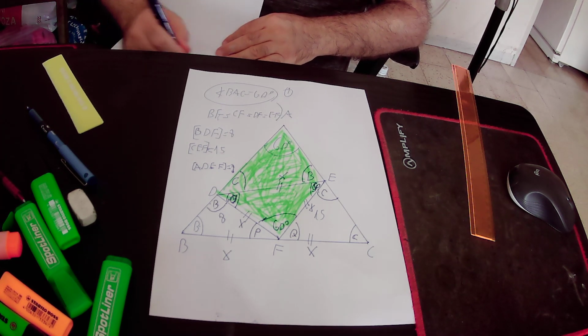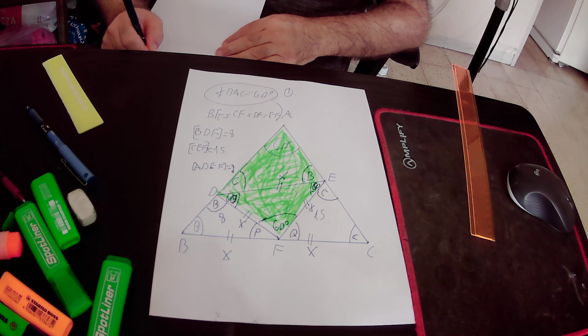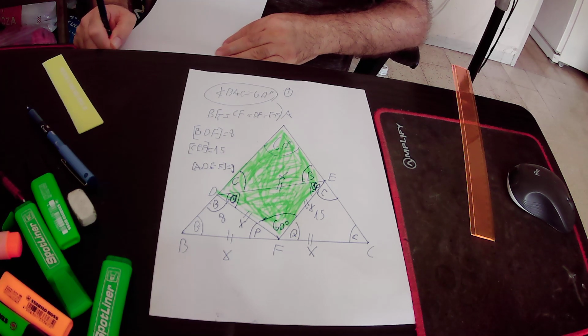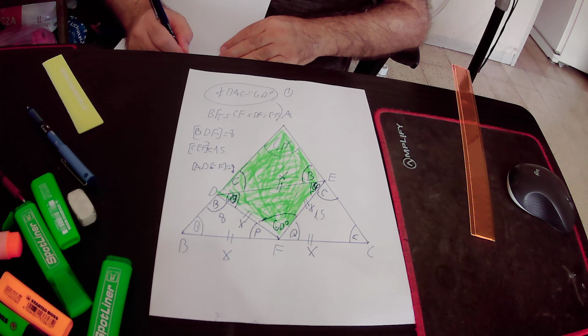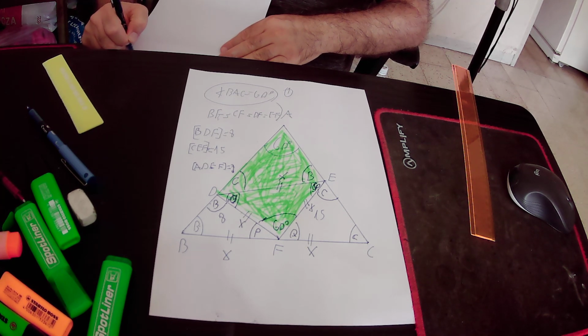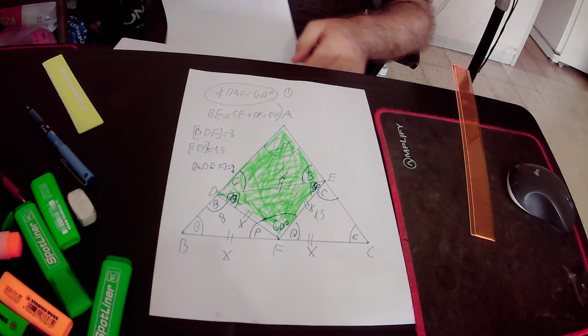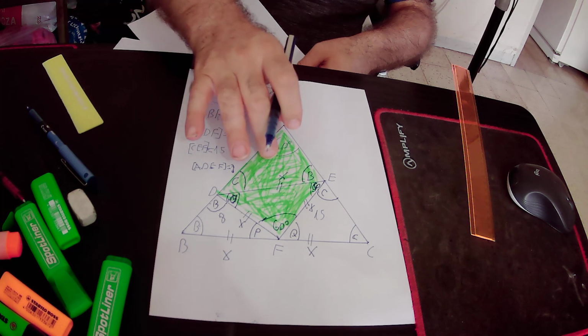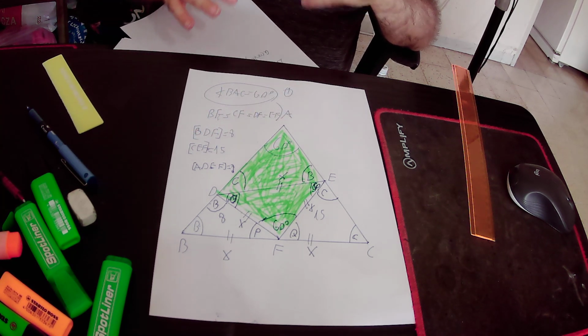I will write it down: triangle ABC is similar to triangle AED according to the angle similarity rule.